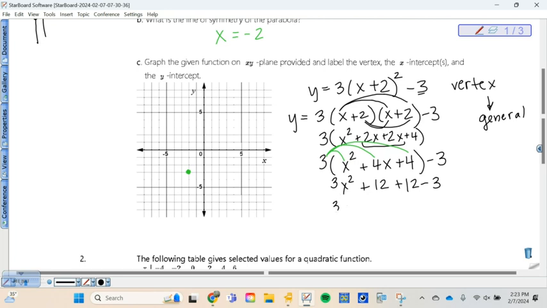So I have 3x squared plus, oops, I forgot my x, plus 12x. And then I can combine my like terms there. What's 12 minus 3? 9. So plus 9. Now do I know something from general form?